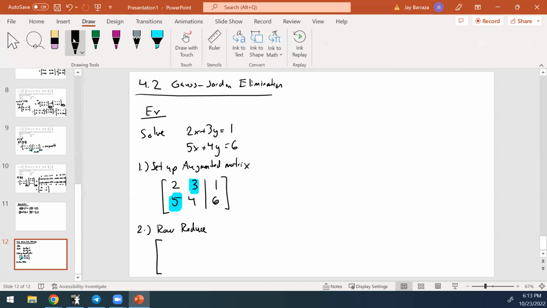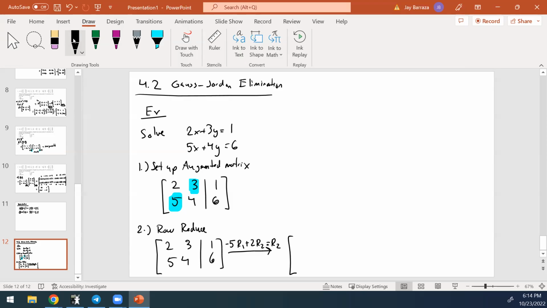Well, I'm just rewriting the matrix. If you were doing elimination method, you would multiply one row by something and maybe another row by something and then add them together. So I would multiply row 1 by -5 and add it to 2 times row 2, and that's going to be equal to my new row 2.